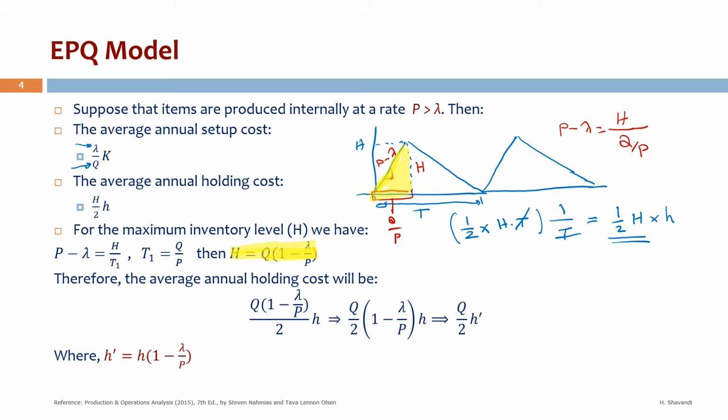So if we replace H by Q times 1 minus lambda over P in the average annual holding cost, at the end we reach this equation, Q times H prime. So in the EPQ model, the average annual holding cost is the same as EOQ in the structure, but instead of h here, we have H prime, and H prime equals h times 1 minus lambda over P, okay?